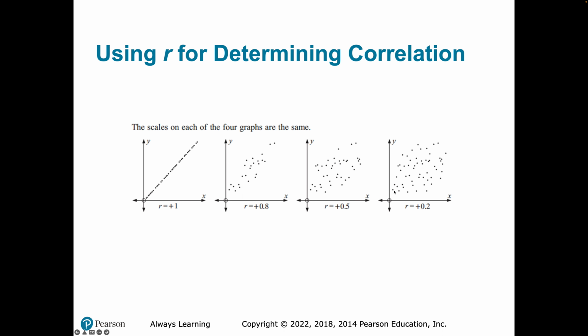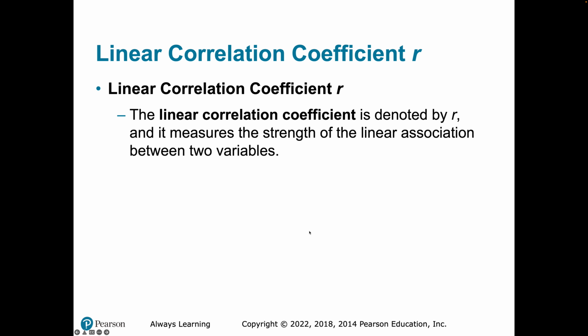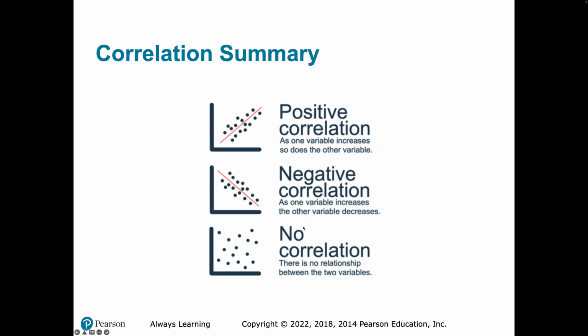In a situation like this, we have a lot of deviation around that line that we can eyeball, so the correlation will go even lower. Now, let me go back. Okay, this will work.